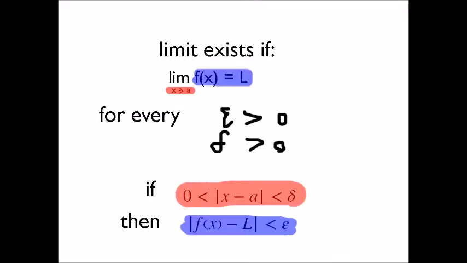In order to prove a limit using this definition, first of all, you need to establish that the absolute value of x minus a is less than delta, and after that you need to prove that for each of those values there will be a corresponding value for which the absolute value of f of x minus L is less than epsilon.